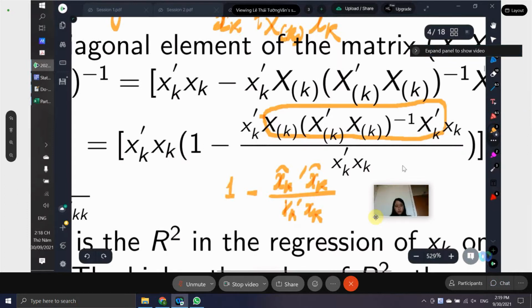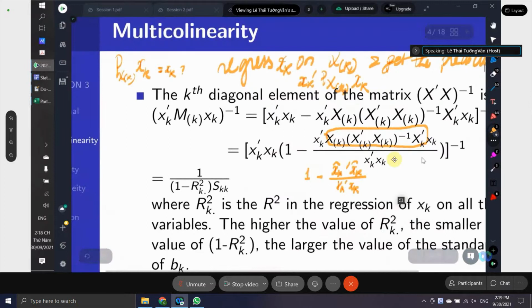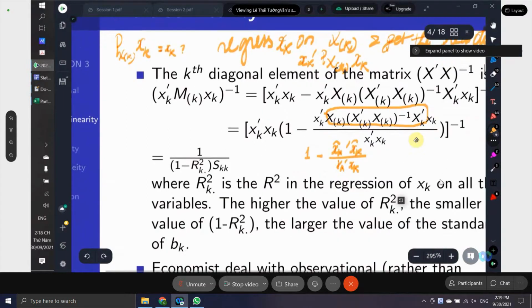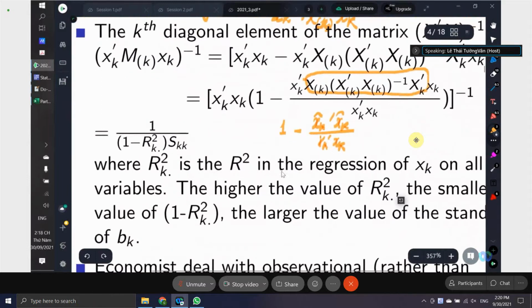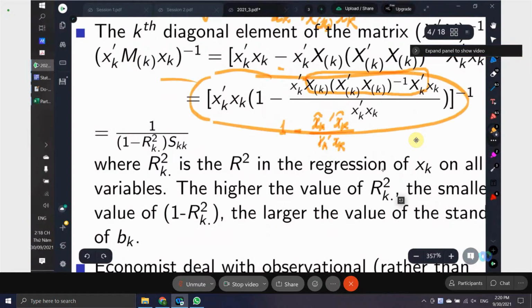And in the regression, it could be shown that the quantity inside here could be rewritten as this one. So it will be equal to 1 over 1 minus r square times skk.